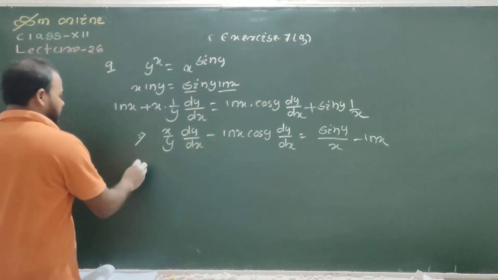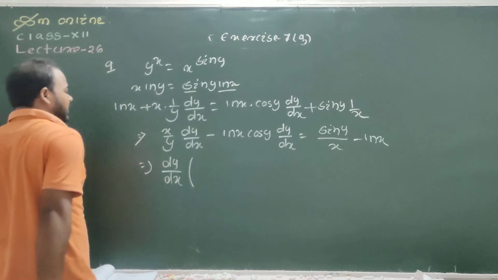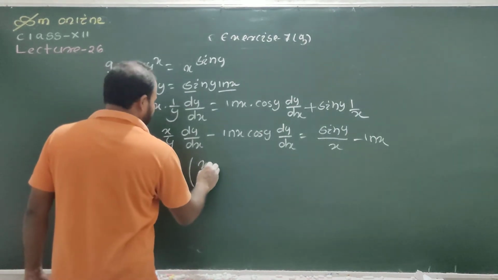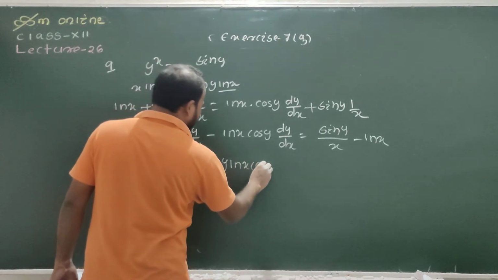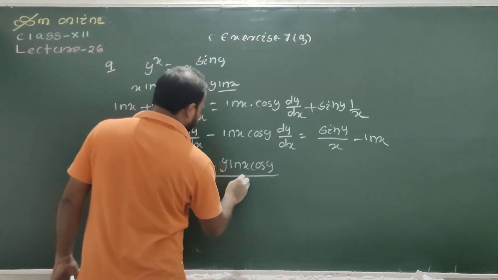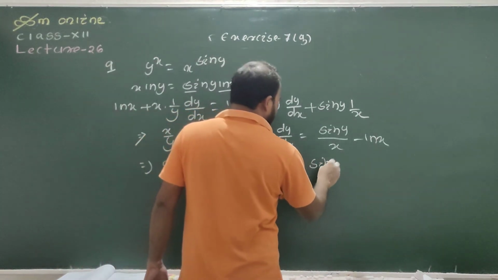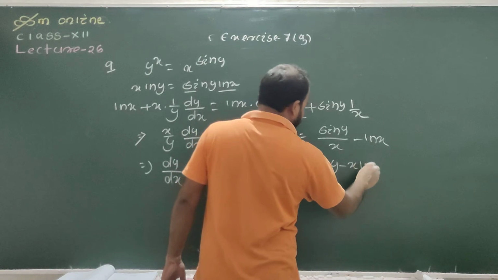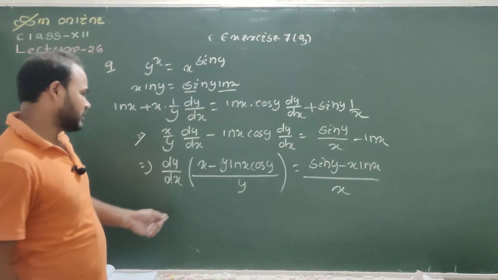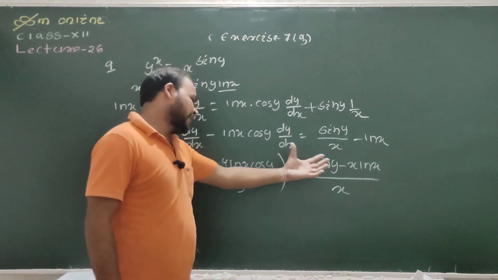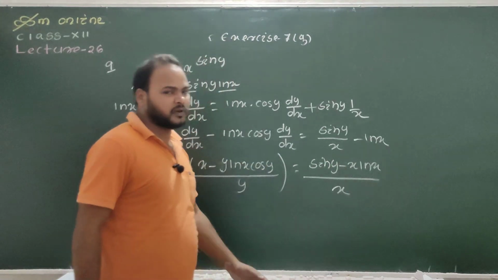This is equal to dy by dx, taking common, and after taking LCM, this is x minus y ln x into cos y upon y, and on the right hand side it is sin y minus x ln x upon x. And dy by dx equal to, this term is multiplied, the total term is divided by this term, and we finally get the answer.